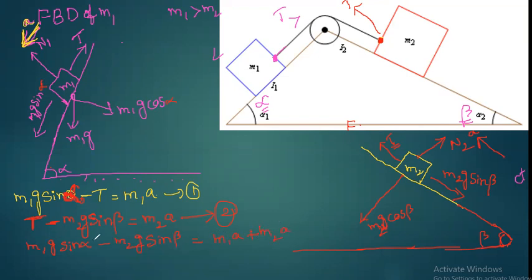So just what we did, I am writing 1 plus 2. This is 1, this is 2. 1 plus 2, if you do, you are getting like this.